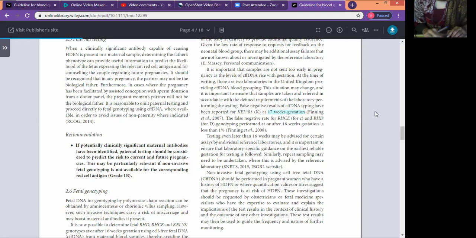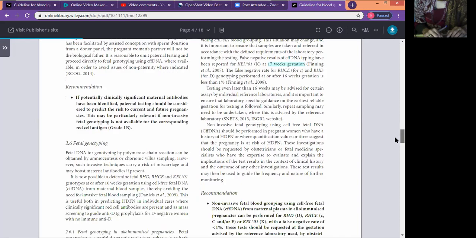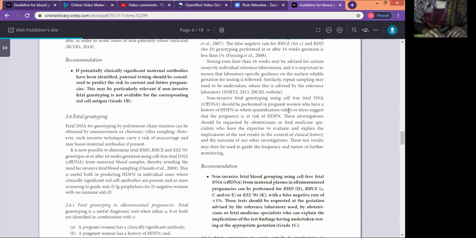Although even as early as 11 weeks we may send this sample for cell-free fetal DNA, we need to be very sure about the capacity of the lab to identify it. For example, Kel may be identified after 17 weeks, and if we are going for D or CE assaying, then that may be carried out after 16 weeks of gestation with less than 1% false negative results.